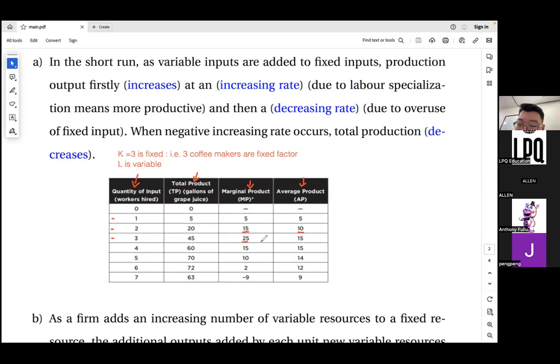By hiring just one more unit of labor after you already have 2 units, the MP for the third unit of labor is 25. So how do I get the AP here? You do 45 divided by 3. So it's 15 units per person, right?